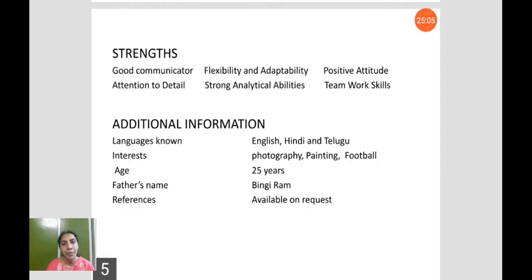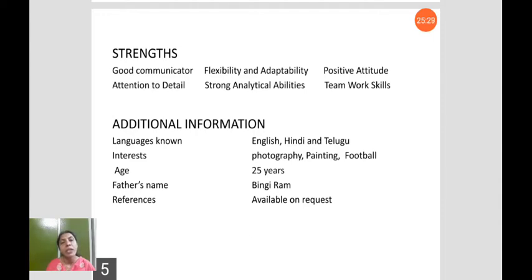Flexibility and adaptability. If you are rigid, if you are unable to change your mindset according to the situation, then the employer and the people around you may pose problems. Adapting to various situations is also very important.